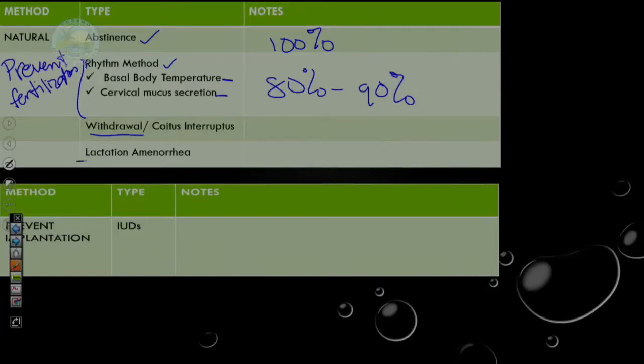Another natural method is called lactation amenorrhea. That is where a breastfeeding mother would continuously breastfeed a child, and by breastfeeding it prevents ovulation. So that's where the amenorrhea comes in. But it has to be a consistent process, right?